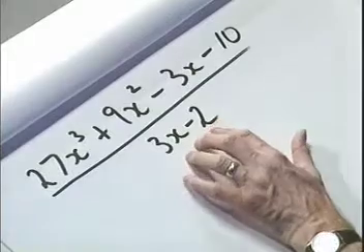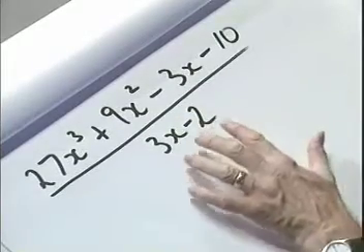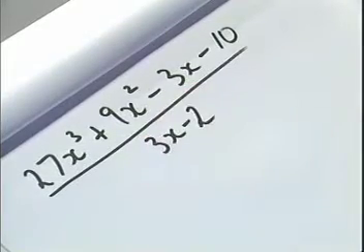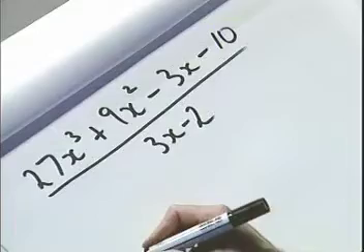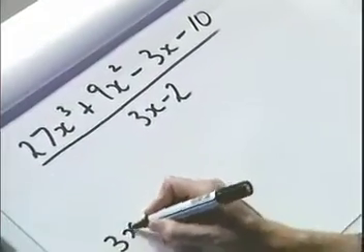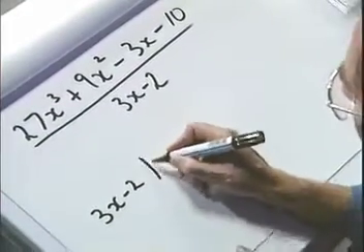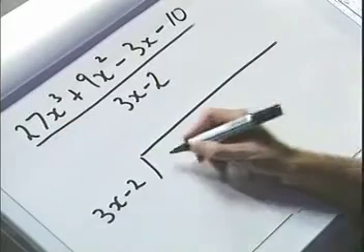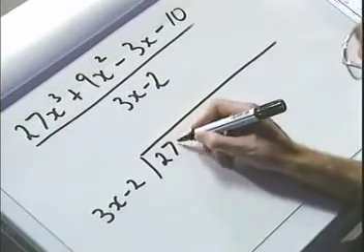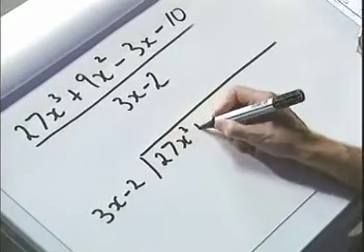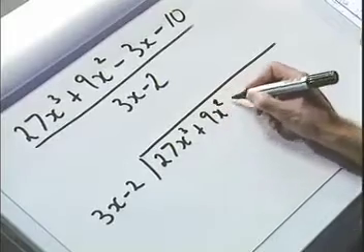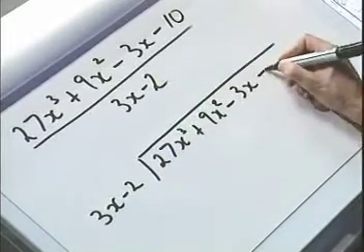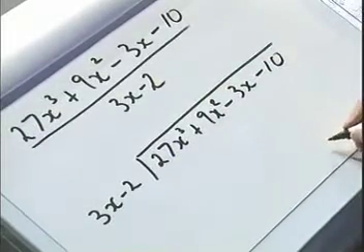We want to divide that into that. We want to know how many times that will fit into there. So we set it up exactly like a long division problem. We're dividing by this. This is what we're dividing into. 27x cubed plus 9x squared minus 3x minus 10.